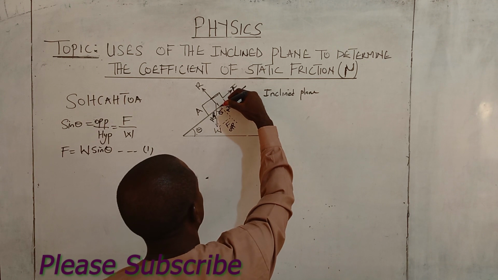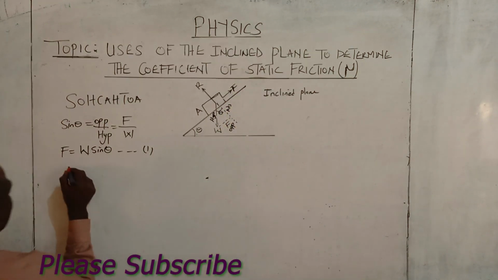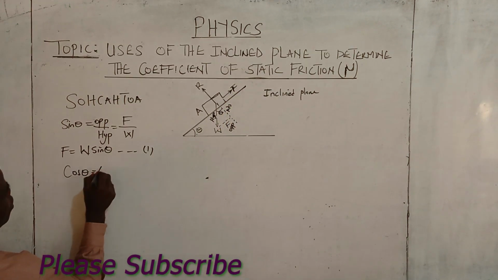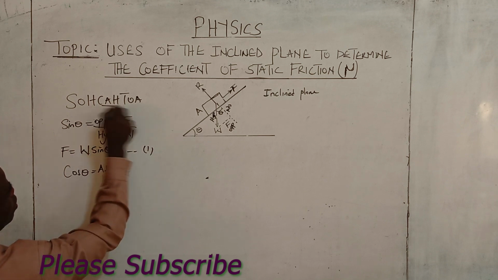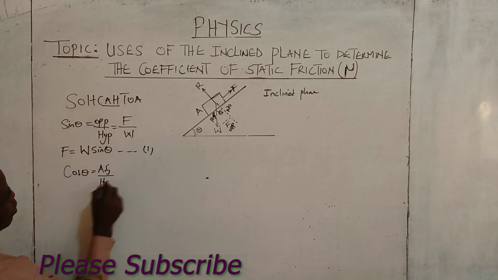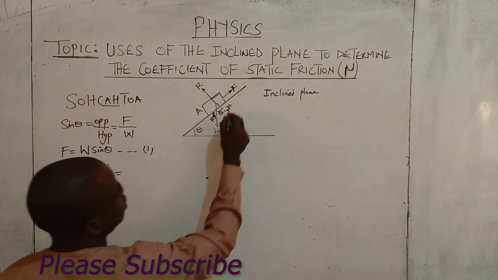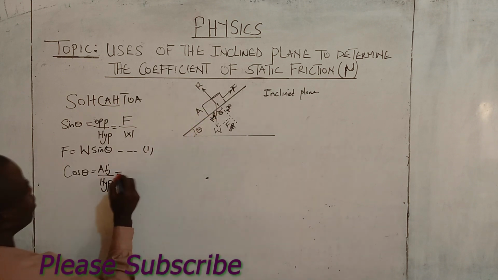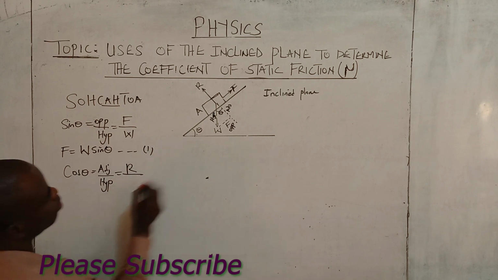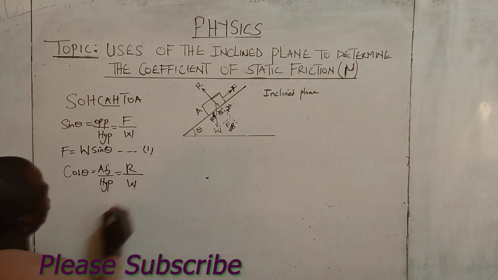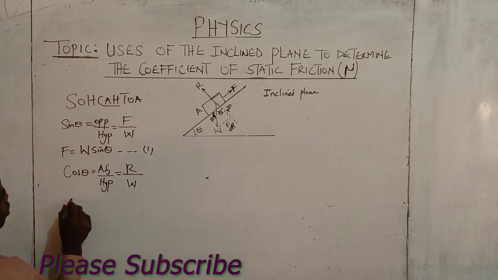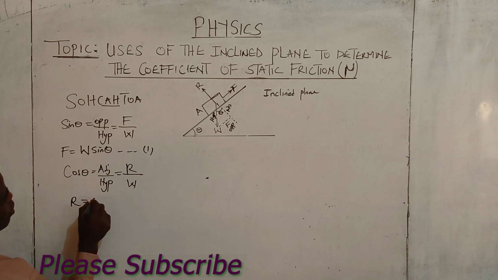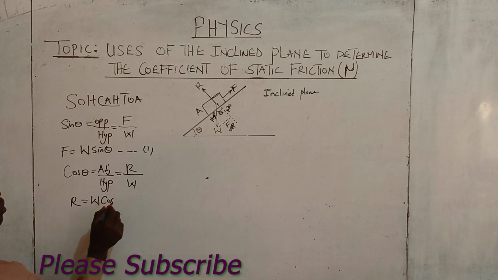Now, to get the adjacent, this is the normal reaction. This R is the one that moves like this. Cos theta equals adjacent over hypotenuse. What's our adjacent? That's R. R over hypotenuse W. Cross multiply, R equals W cos theta.